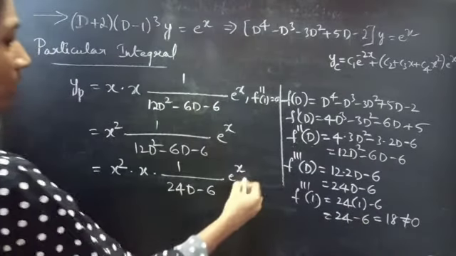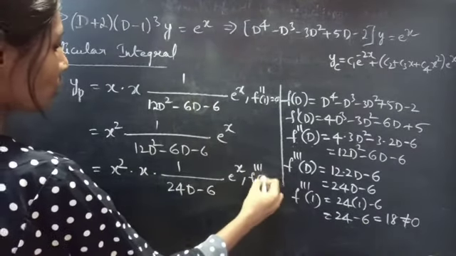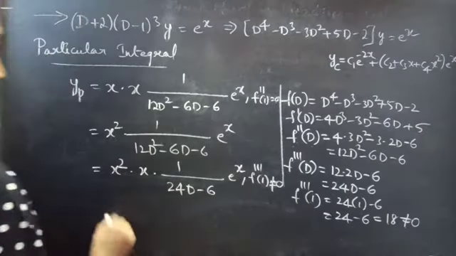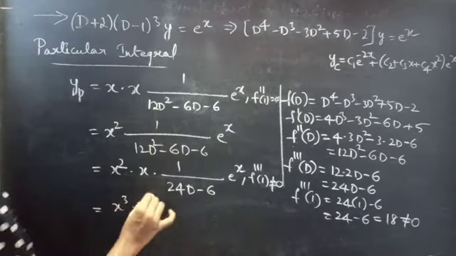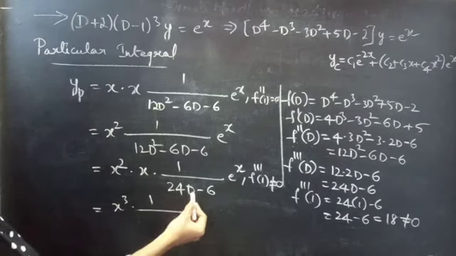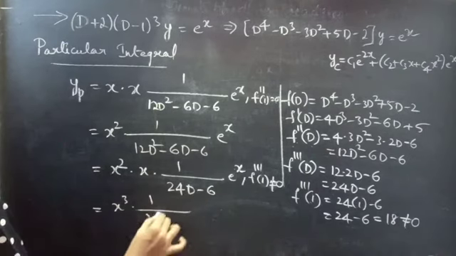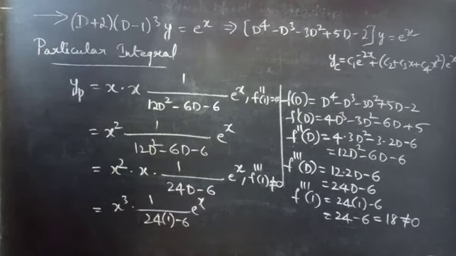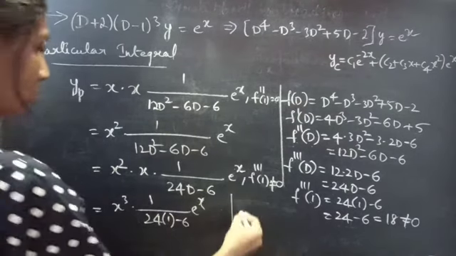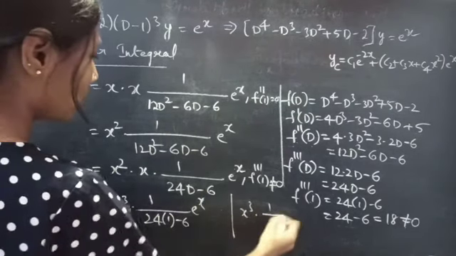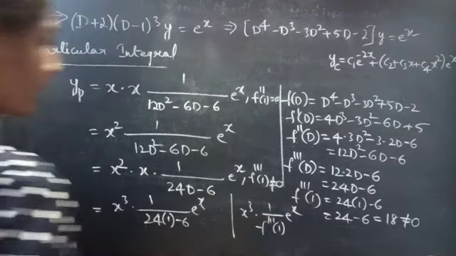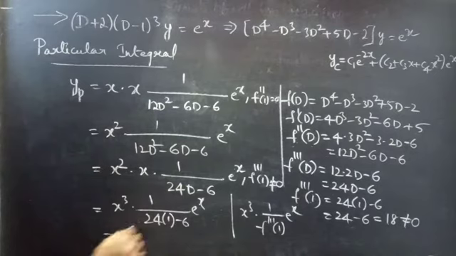Since f triple dash of 1 is not equal to 0, we can replace this D by 1. Or you can just write x cube into 1 by f triple dash of 1 into e power x. You'll get the same answer for both.